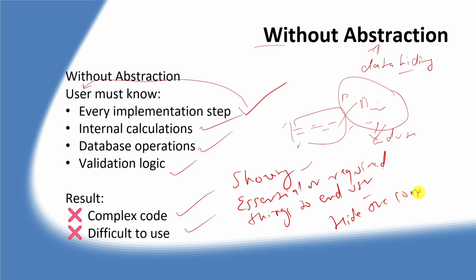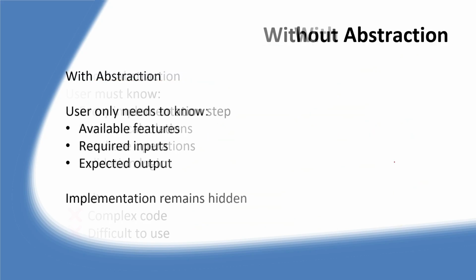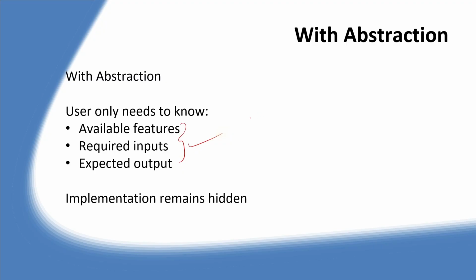What is the complex part? The implementation, the logic, and the background process. So it will show the essential part and hide the complex part. That's what abstraction is. So with abstraction, what will happen? The user only needs to know the available features, required input, and expected output. That's it. Whatever the implementation and complexity is, that will be hidden.